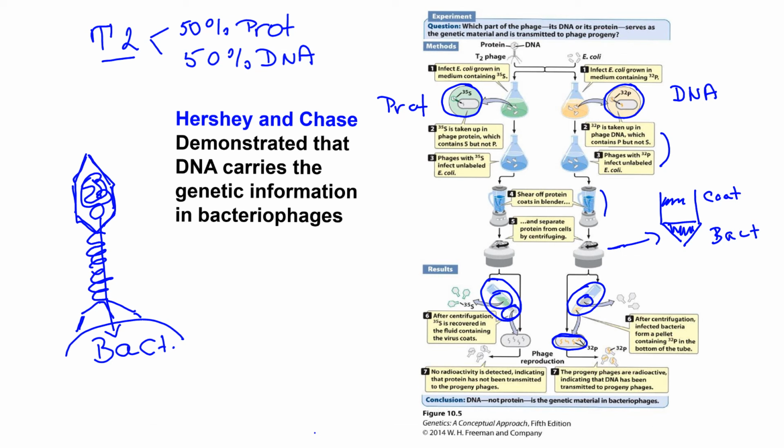So the labeled DNA was passed from the phage, which was infecting, the genetic material of the phage, which entered bacteria, was carried to the progeny. So this clearly identified DNA as the genetic material responsible for carrying genetic information in bacteriophages.